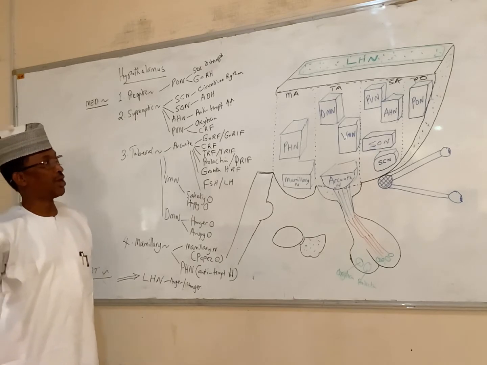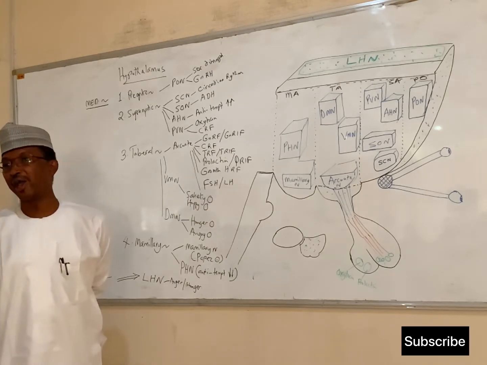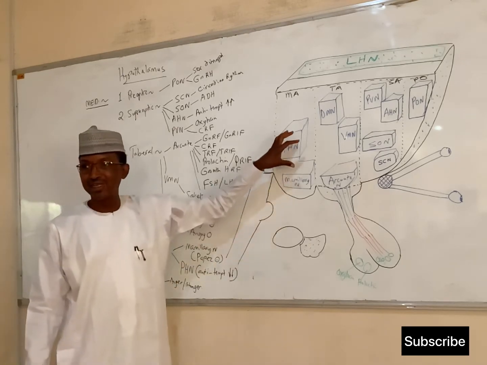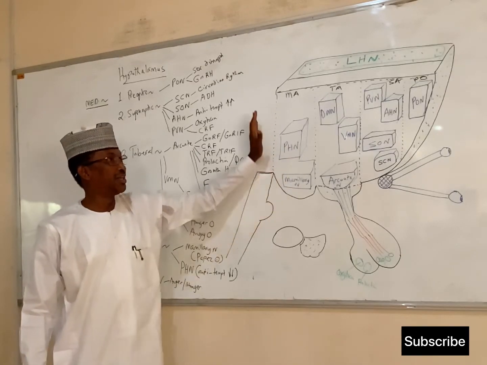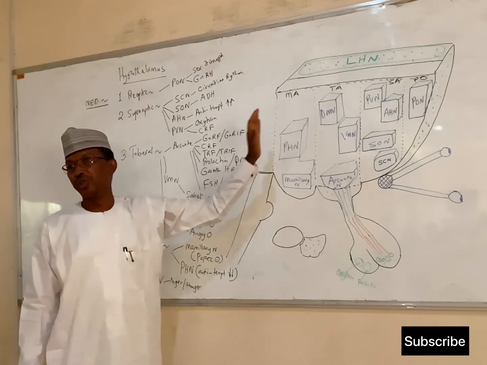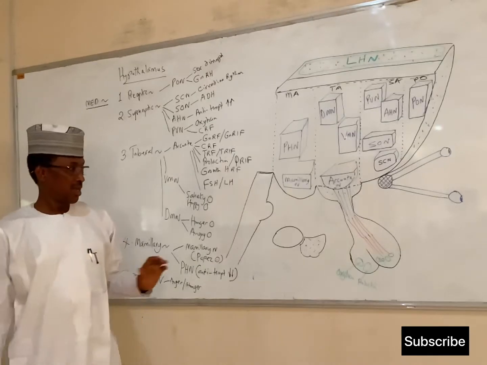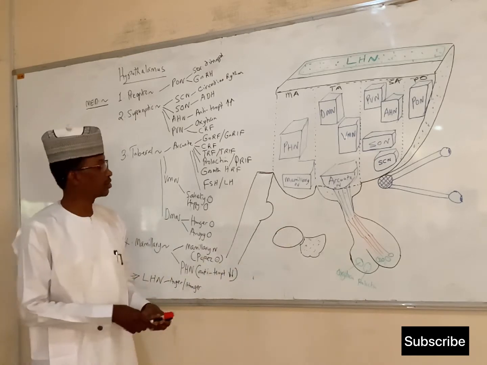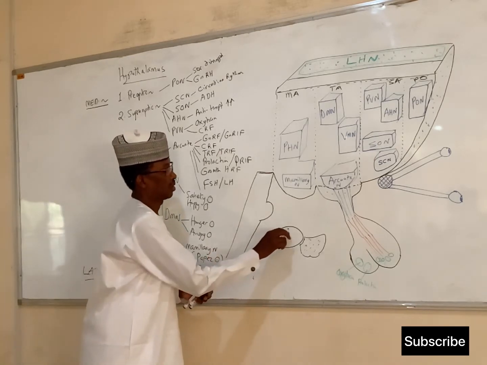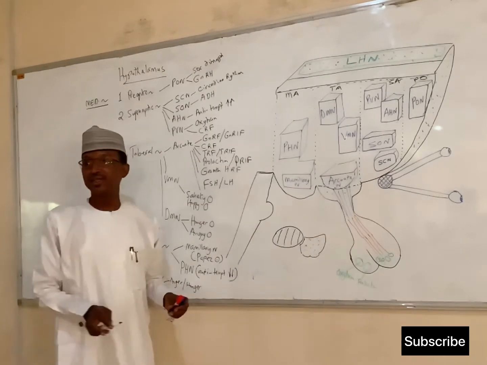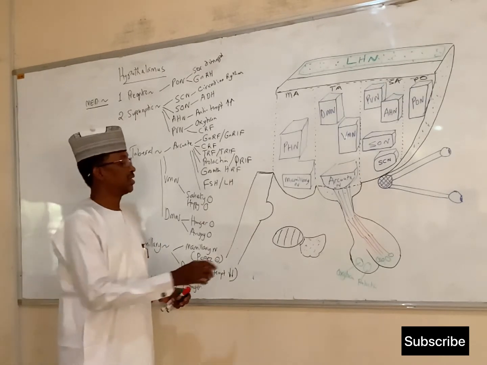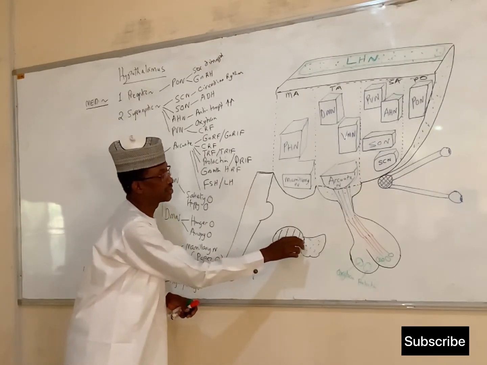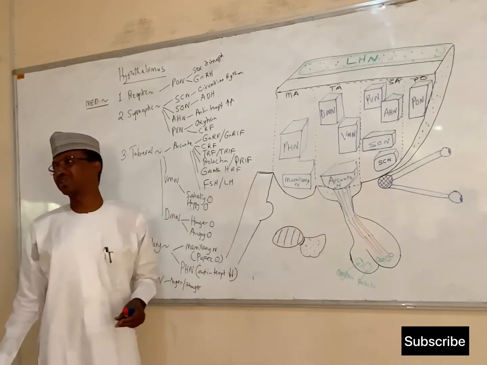So the hypothalamus, from the name hypothalamus, is a sheet of gray matter that is lying anterior, inferior to the thalamus. If we now consider this to be our thalamus, this one. So we said the hypothalamus is a sheet of gray matter that is lying anterior, inferior to the thalamus.